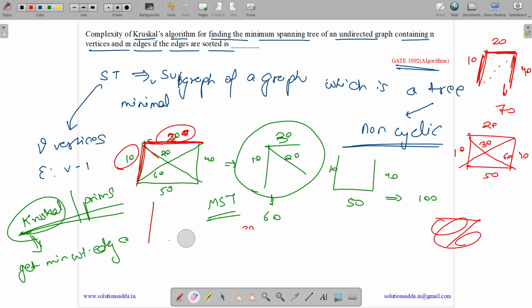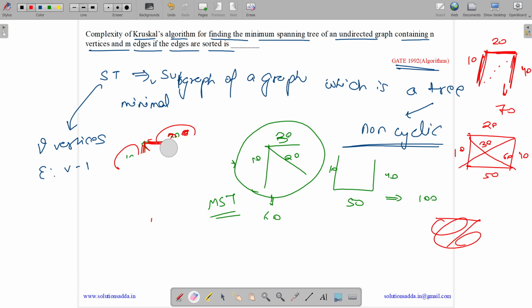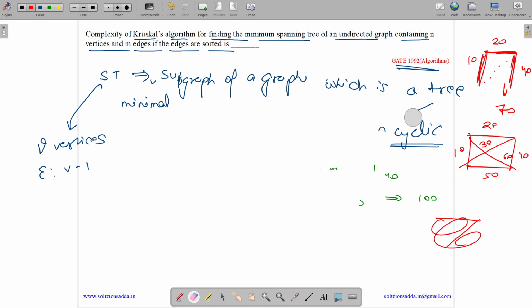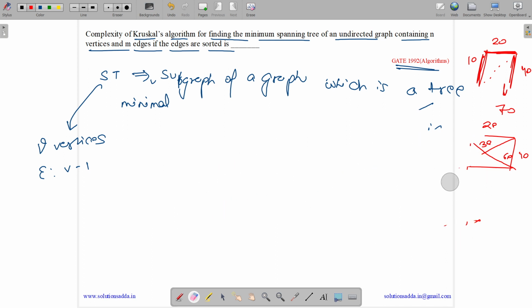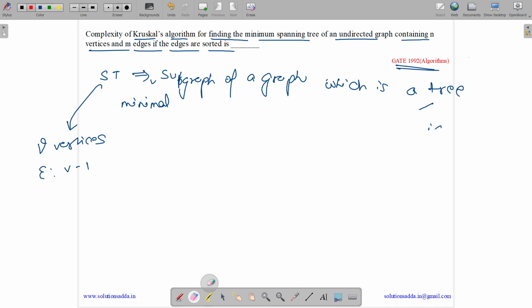So it is asking what is the complexity of Kruskal algorithm if all the edges have been sorted. We do not need to sort the edges, we can directly pick them up. So when all the edges have been sorted, Kruskal algo will basically boil down to the union find algo. Kruskal is basically done using union find, but we also need to sort.